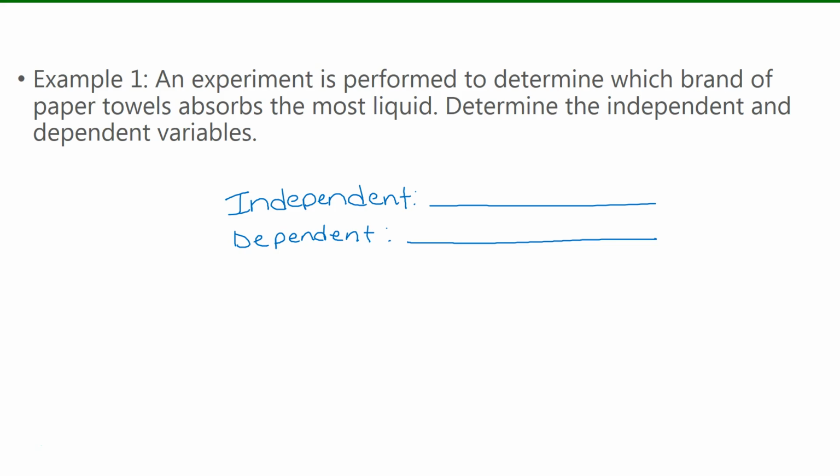What is being measured? The amount of liquid is being measured. So we can say that the dependent is the amount of liquid absorbed, and so the independent is the brand of paper towel.